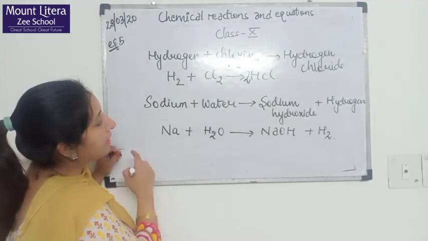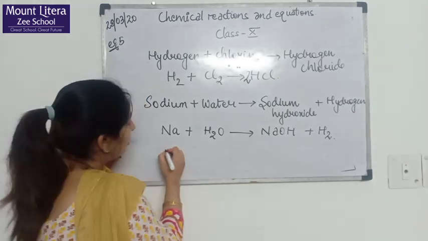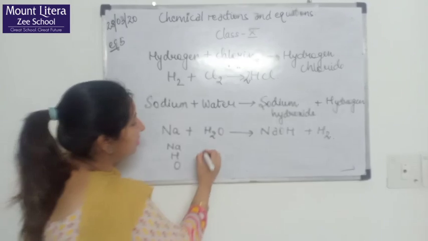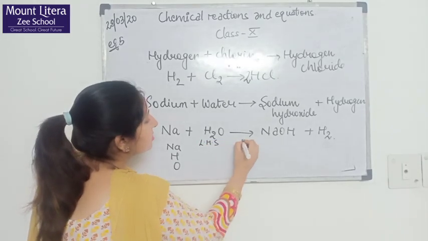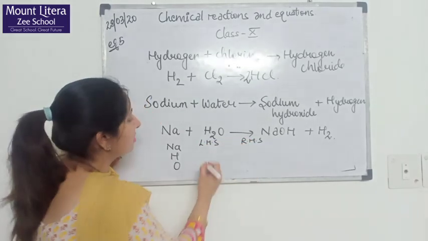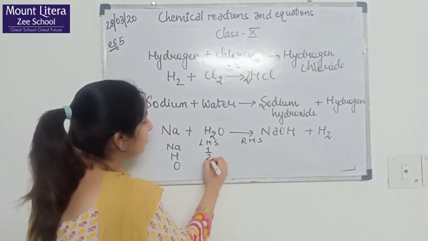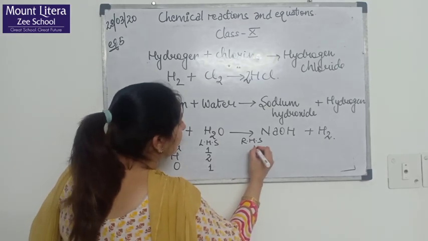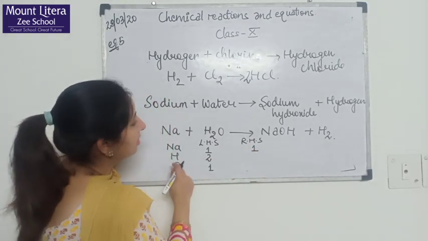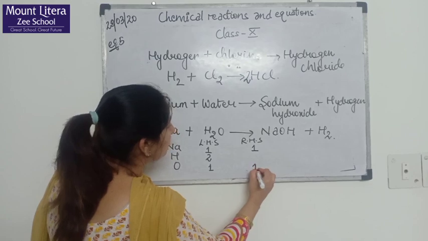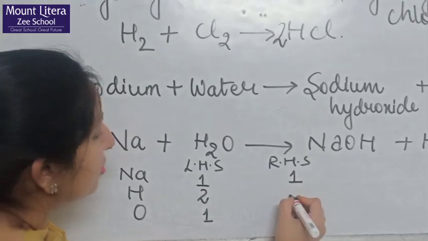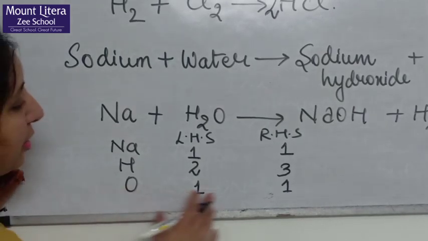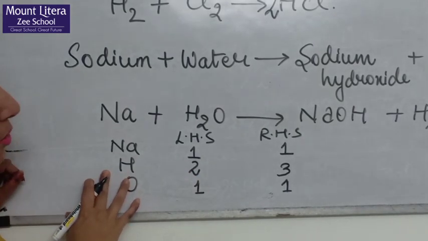Now if you look over here, your sodium, hydrogen and oxygen, LHS and RHS: sodium is 1, hydrogen is 2, oxygen is 1. RHS side, sodium is 1, your oxygen is 1, but in the case of hydrogen, we are having 3 hydrogens. Therefore, we need to balance first of all our hydrogens.